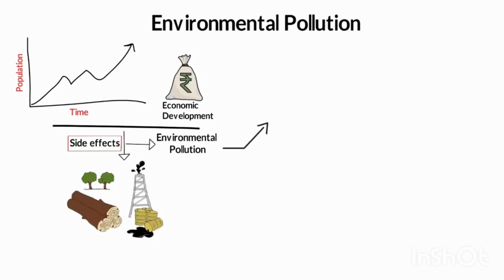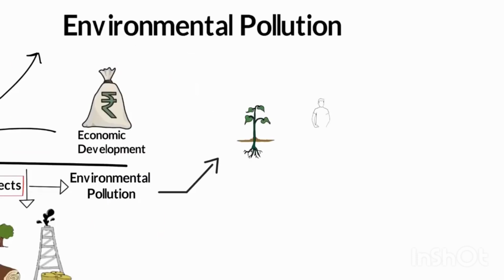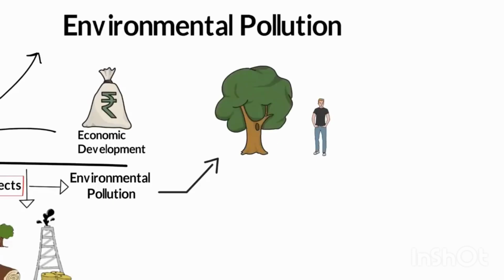Now, how does environmental pollution occur? In the most basic sense, let's assume there is a plant and a human being. The law of the nature says both has to grow with time. So the plant grows into a tree and starts developing fruits, and the human being grows into an adult. Now, humans need food. So he or she goes and plucks a fruit from the tree.